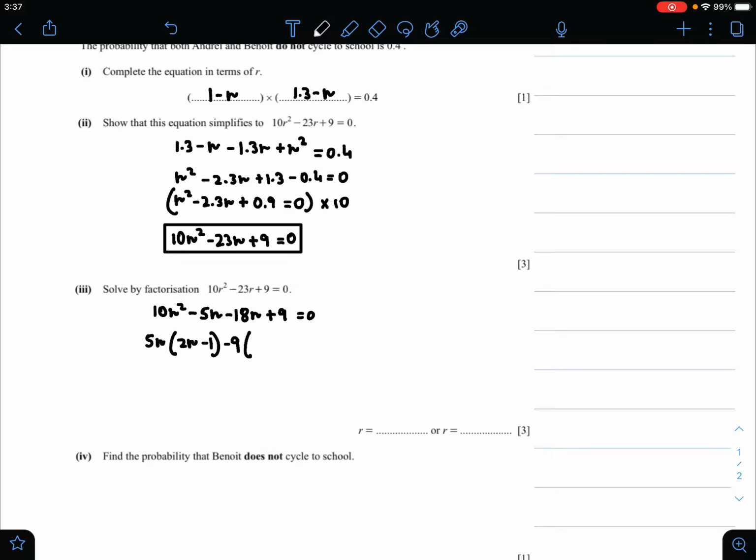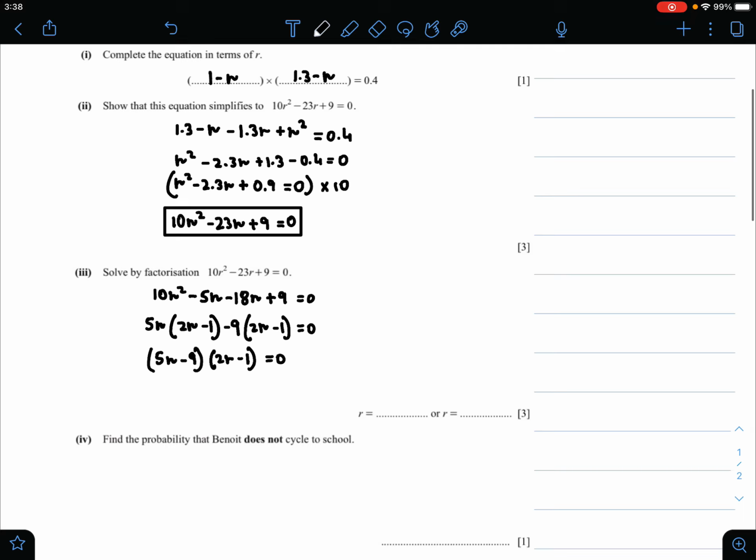Therefore you take negative 9 and not positive 9. So negative 18R divided by negative 9 is equal to 2R, and 9 divided by negative 9 is equal to negative 1. And therefore you can write 5R minus 9 multiplied by 2R minus 1 is equal to 0.